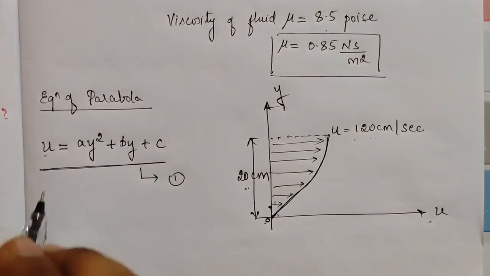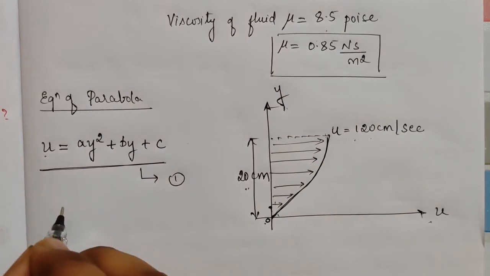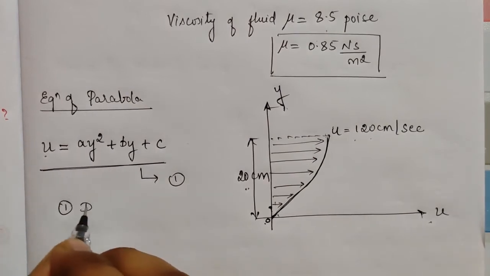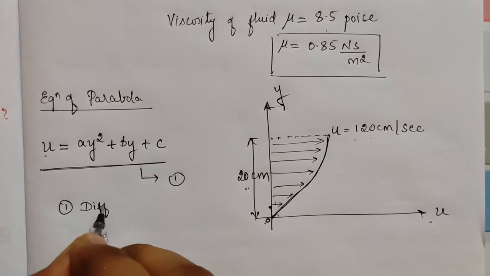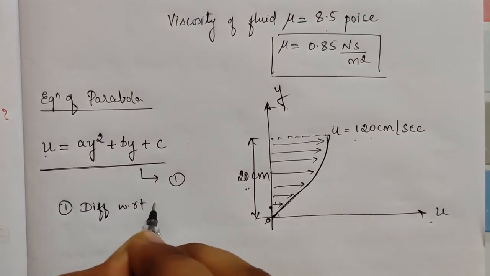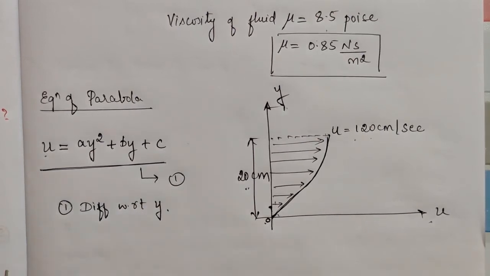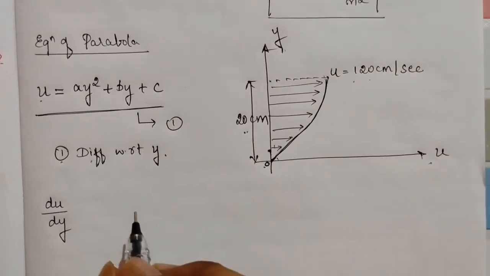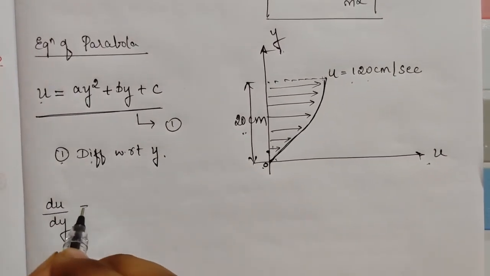Now I'll differentiate equation 1 with respect to y. So I'll get du/dy, the velocity gradient or change in velocity.